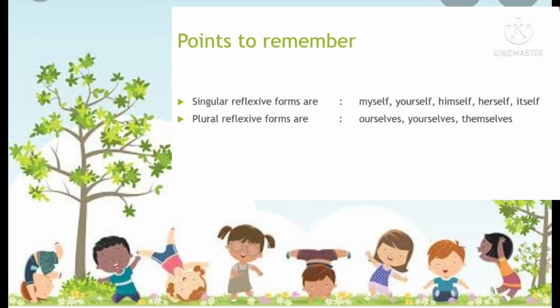Points to remember. Singular reflexive forms are myself, yourself, himself, herself, itself. These are the words that are used. I repeat once again: myself, yourself, himself, herself, itself.